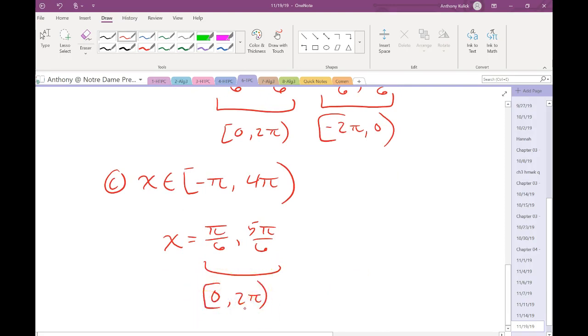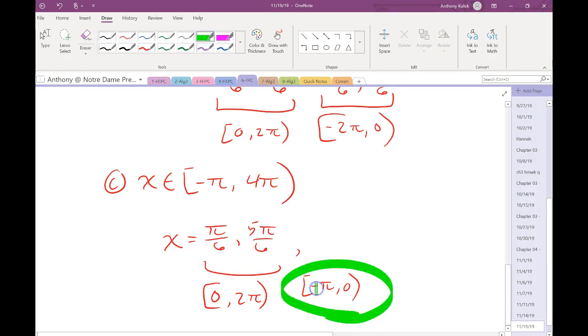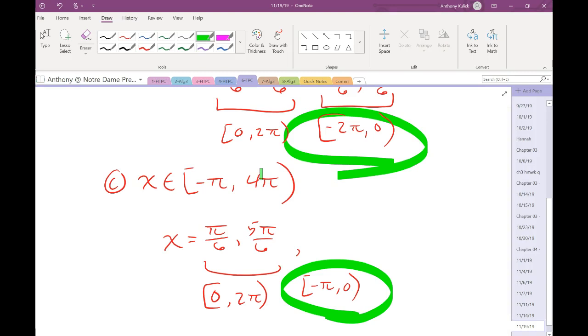So I know those two answers are good. And then maybe let's worry about the stuff from negative pi to 0. Notice this interval is a subinterval of this one, right? It's nested inside of it. Everybody agree with that?